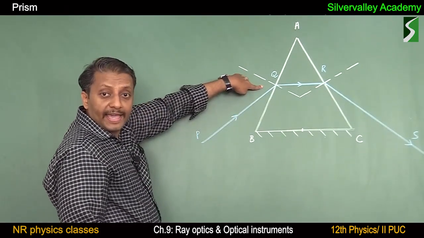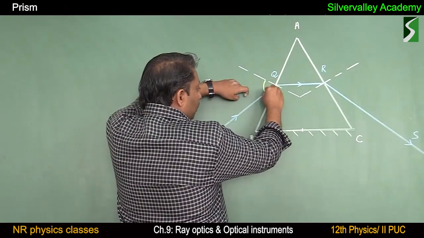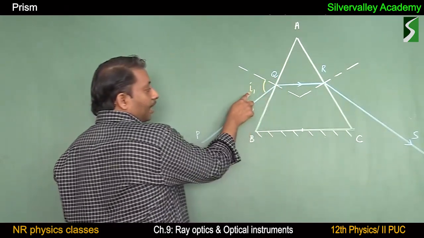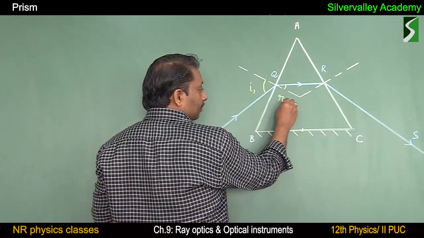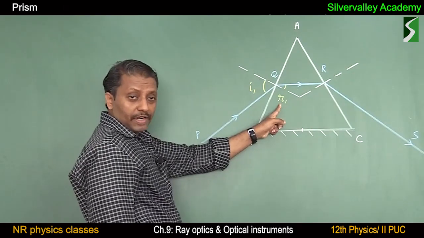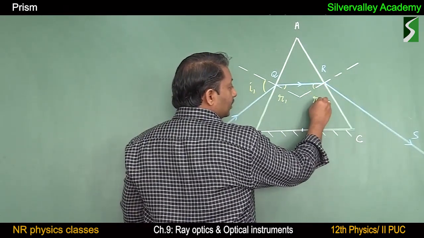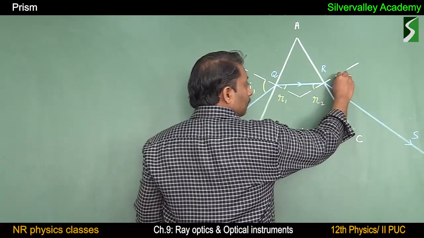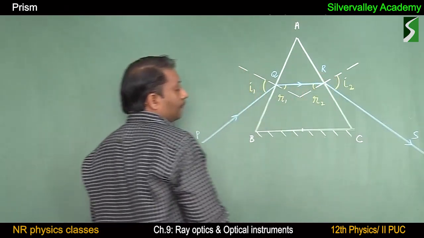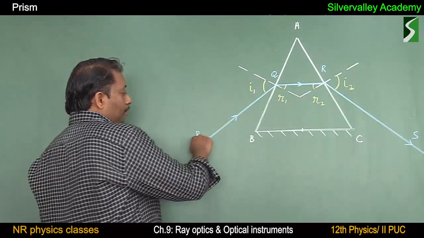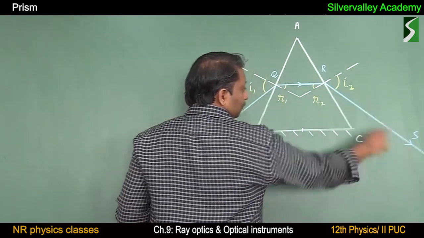This is the angle between incident ray and the normal. So let me call this I1, angle of incidence. This is angle of refraction. R1 is angle of refraction. This is angle of incidence in the second phase. This is angle of emergence, I2. PQRS is the path of light.